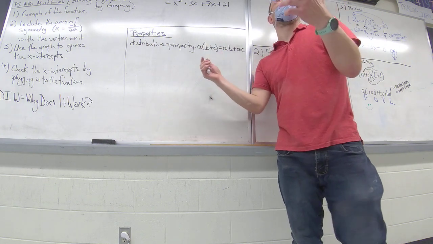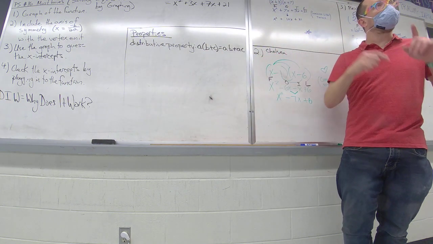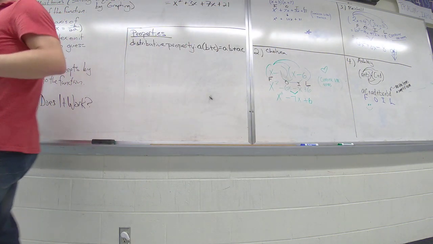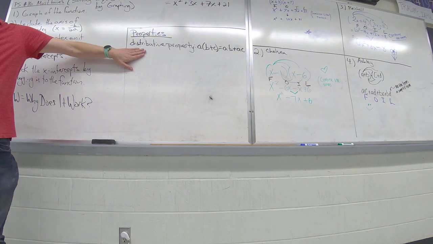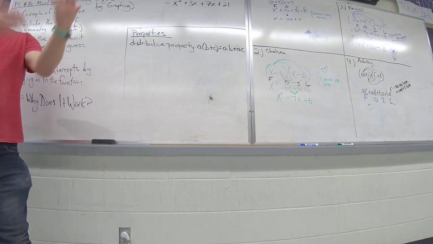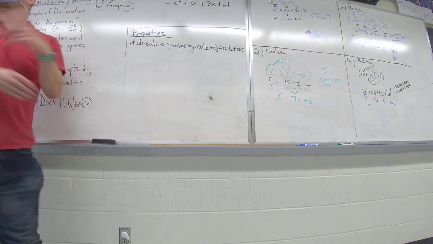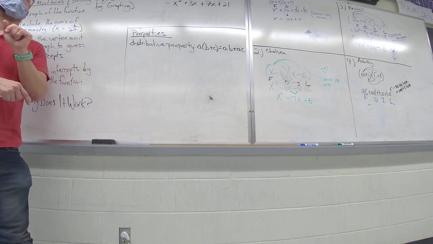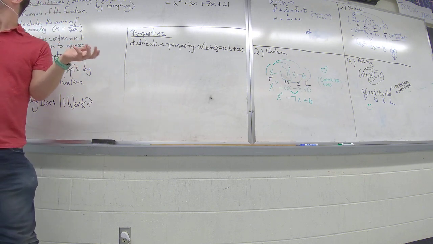Because I can't. We have to have somewhere to start. The way that we'll make proofs is we'll use these things to prove other things. And then the natural question is, well, how do you know these are true? We don't know they're true. We're pretending they're true. That's math for you.